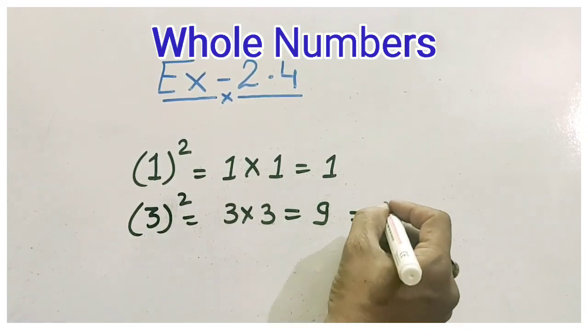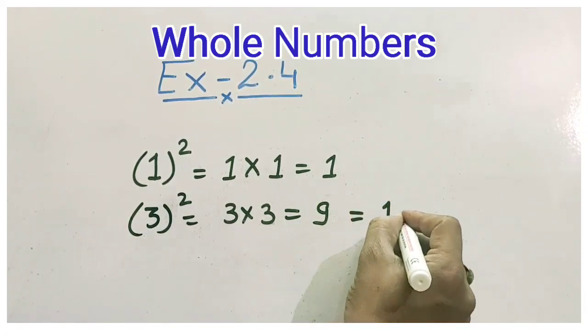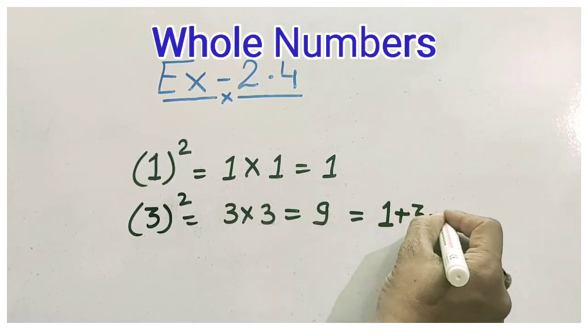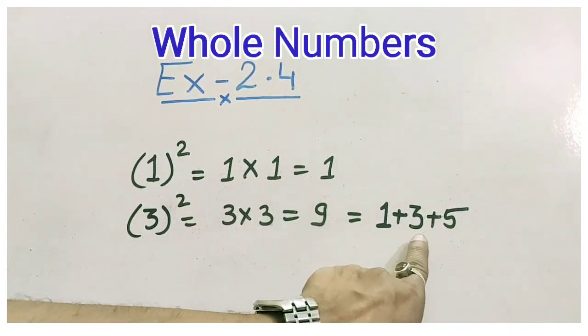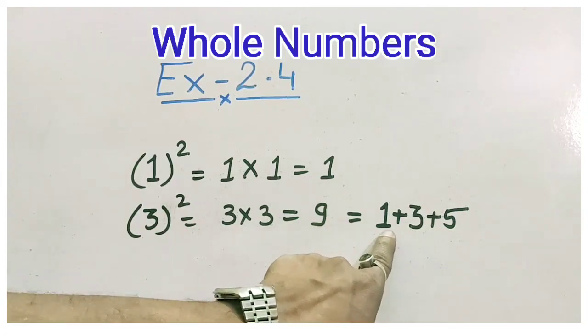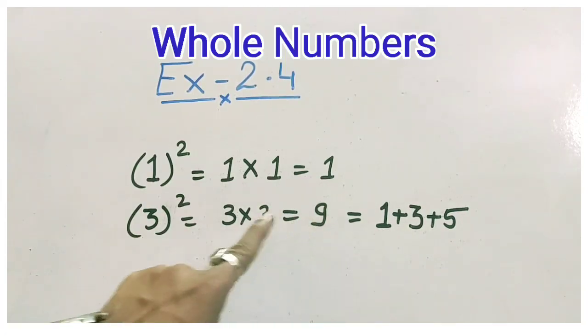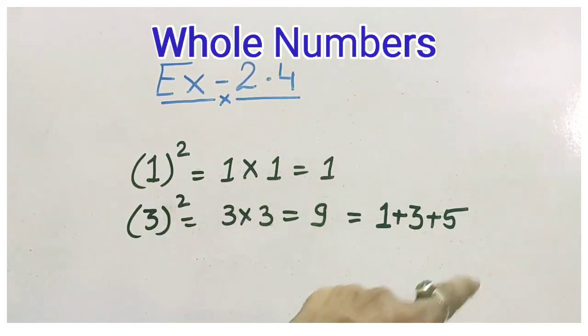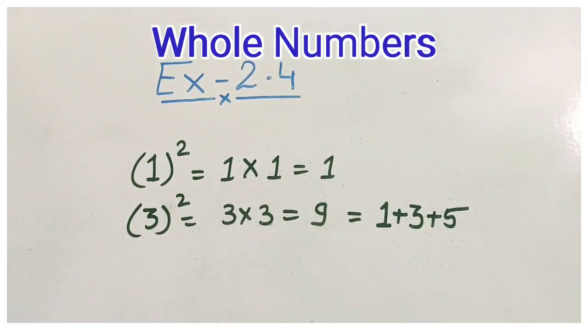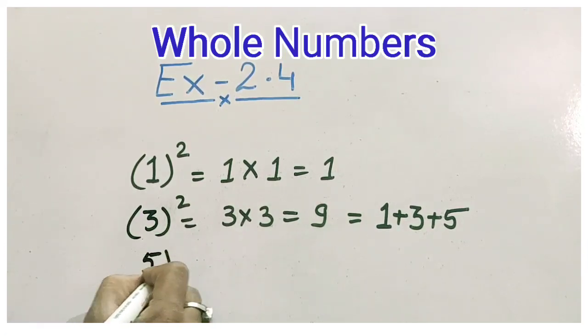Meaning first odd number 1, second odd number 3, third odd number 5. Just add these 3 numbers: 5, 3, 8 and 1, 9. It means we can write 3 square as 1 plus 3 plus 5. Got it? Okay, let's take one more example.